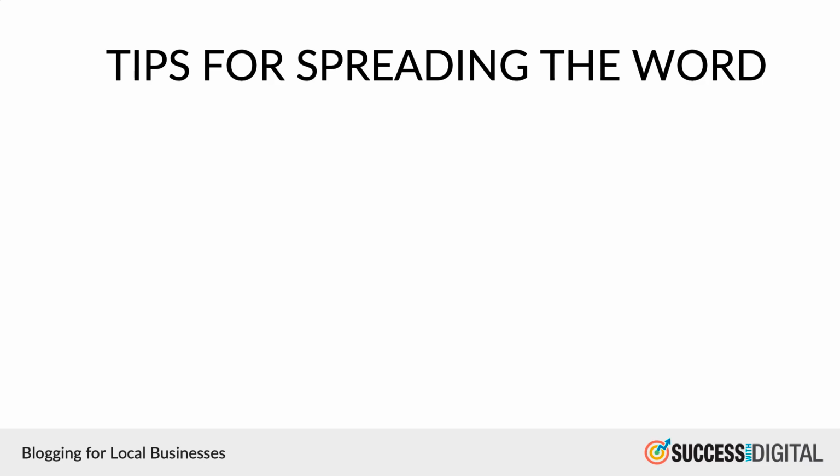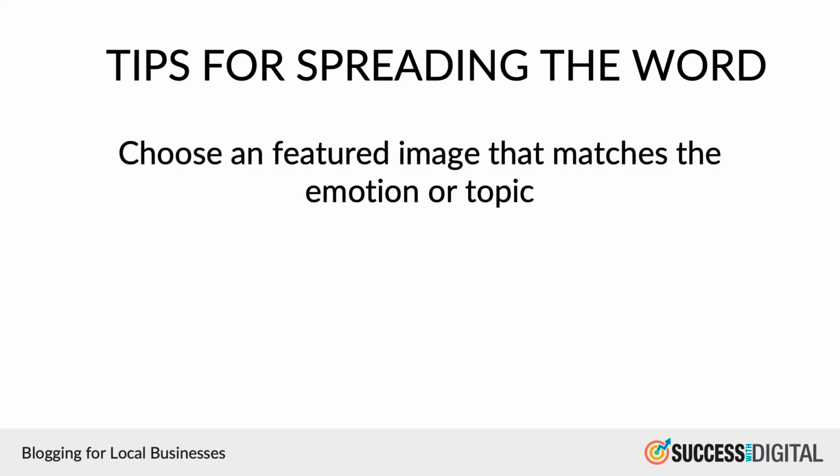But if you see a place where you can set your featured image or your social image, you want to make sure that you're using it and that you're picking an image that matches the emotion or topic. You want it to be relevant to the content. But for me, I usually try to find images that show the after, so that really matches the topic that you're kind of talking about.